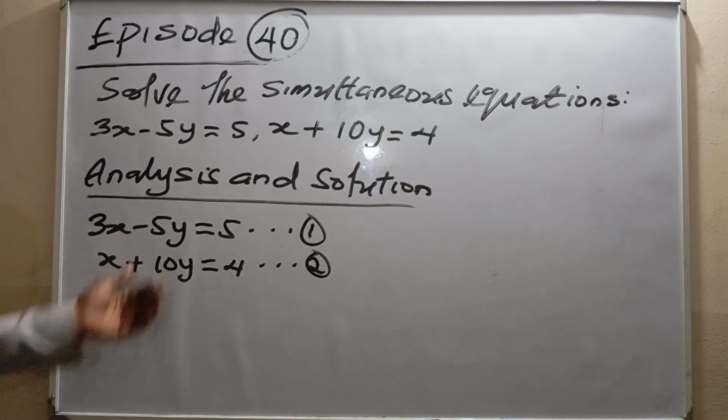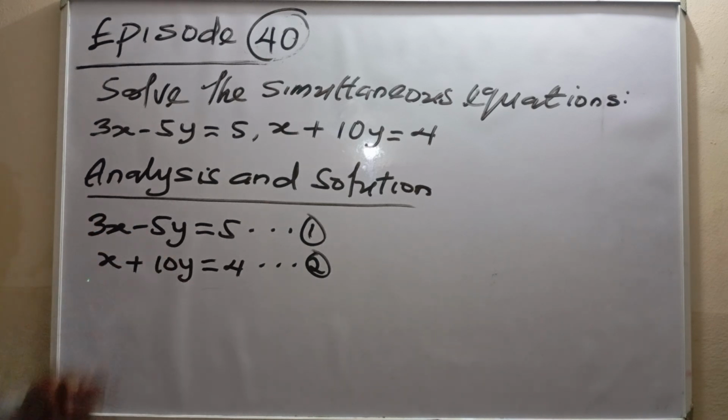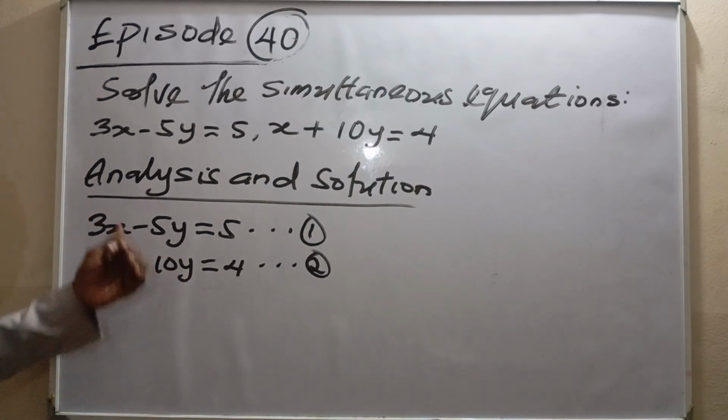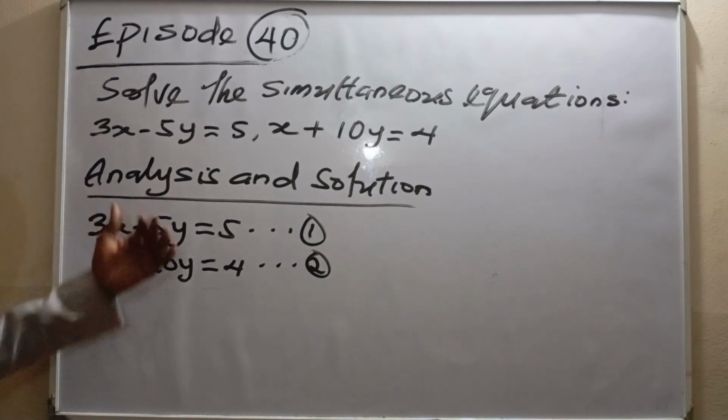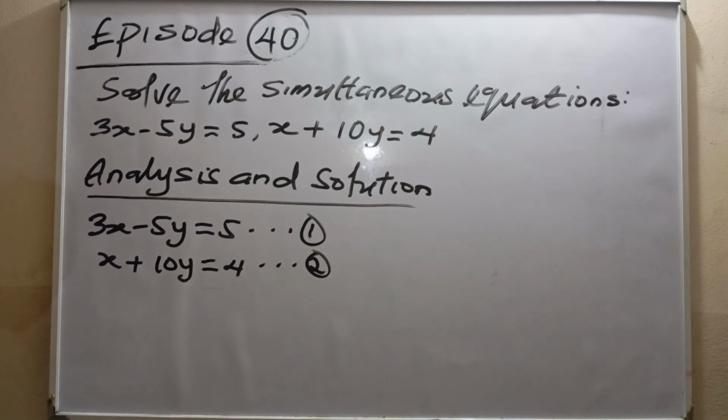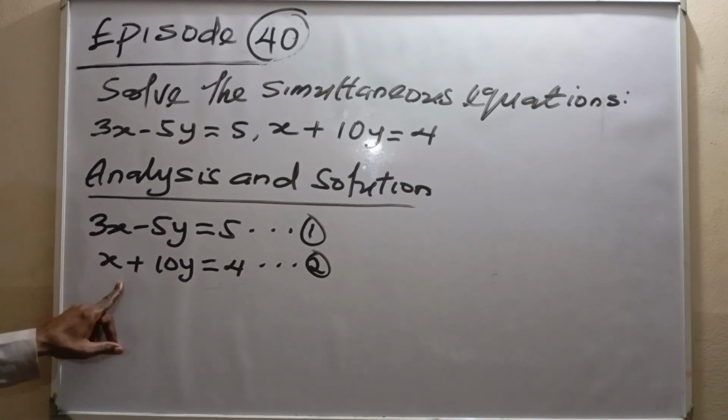When you look at this problem, you discover that it is a non-uniform coefficient problem. Why is it called that? Because looking at equation 1, the coefficient of x is 3, and in equation 2, the coefficient of x is 1.